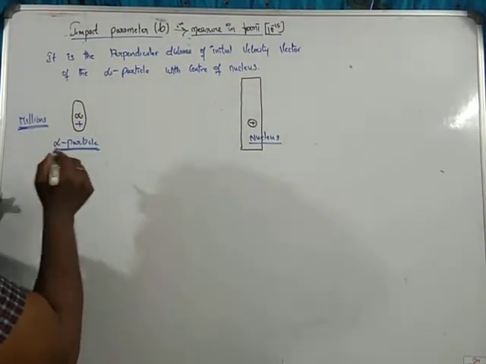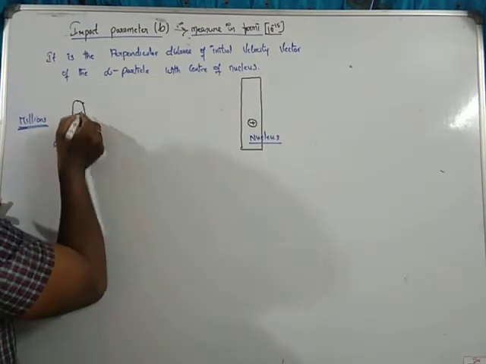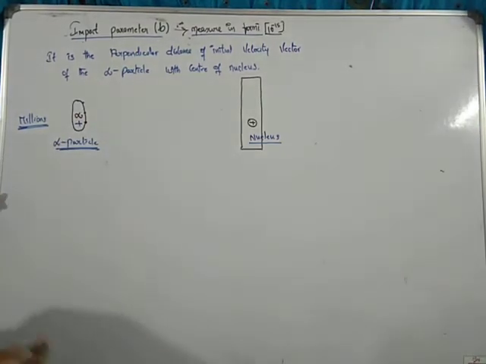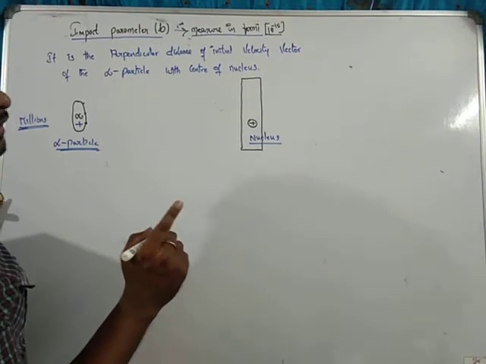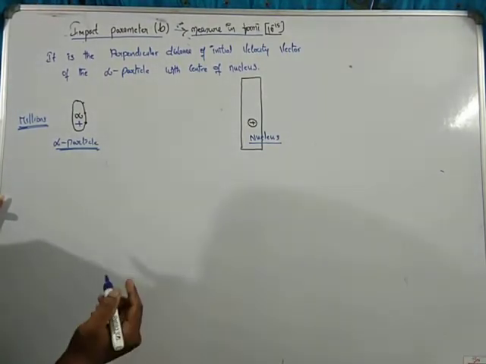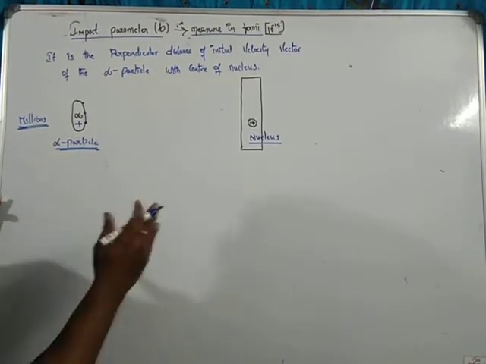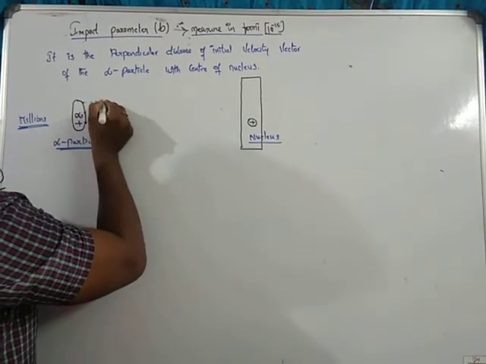Suppose we consider three layers. From three points we are considering, already we know that most of the atom is hollow, so whatever alpha particles we radiate will move in a straight line.